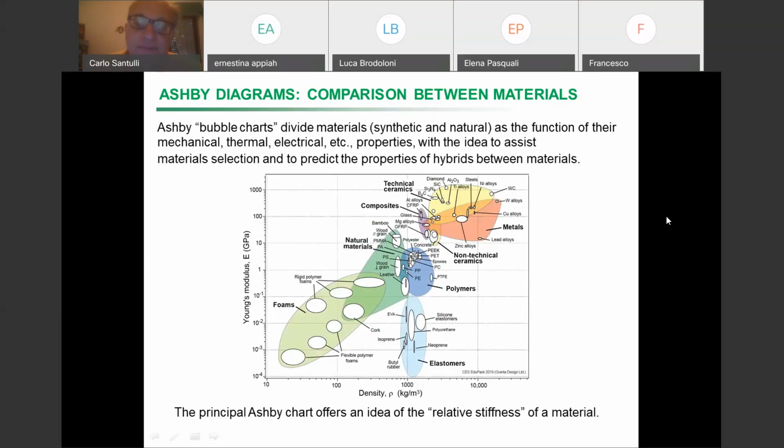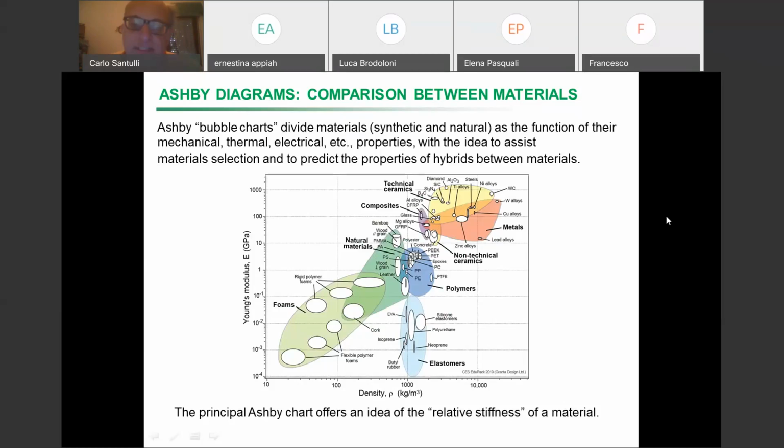And every bubble represents one thing which is important, which is the fact that materials properties, and it's important from an experimental and an applicative point of view, have a kind of variation.